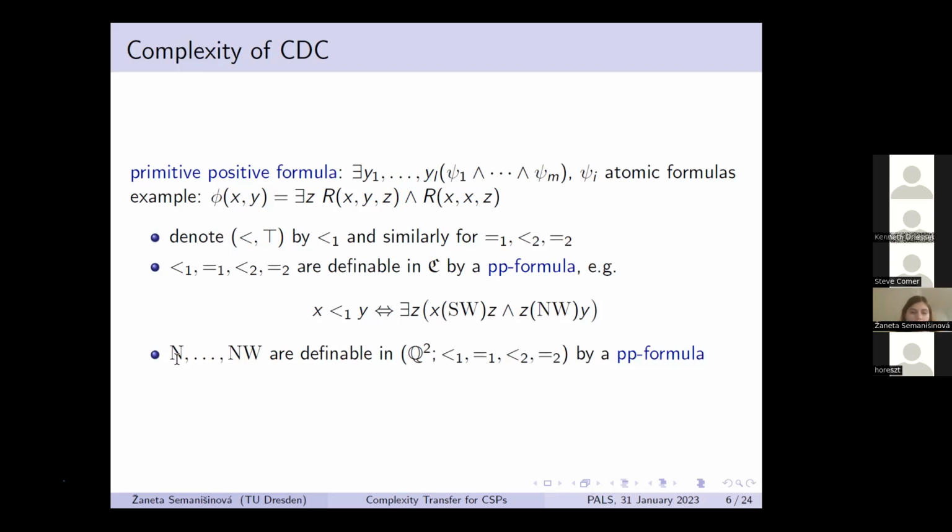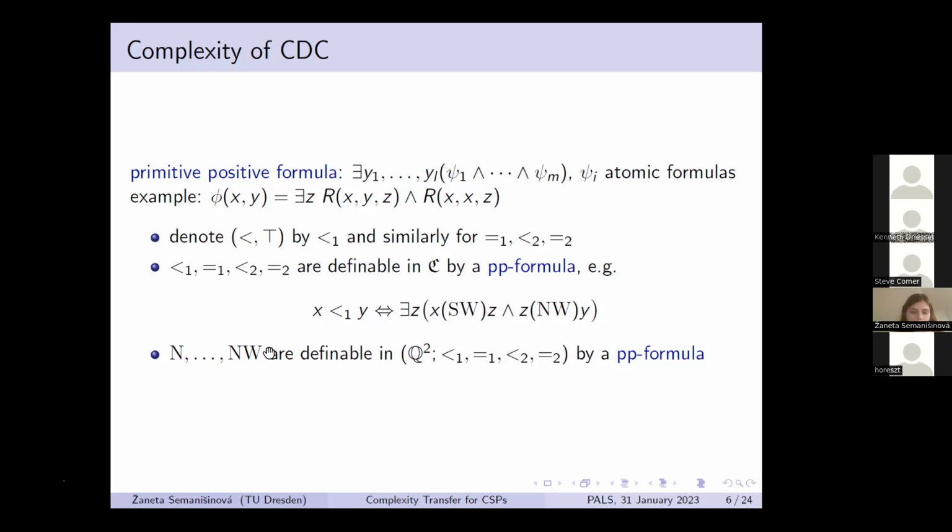And this is even simpler from the other side. If we take the structure with these four simple coordinate-wise relations, we can always define by a primitive positive formula all the basic relations of CDC.